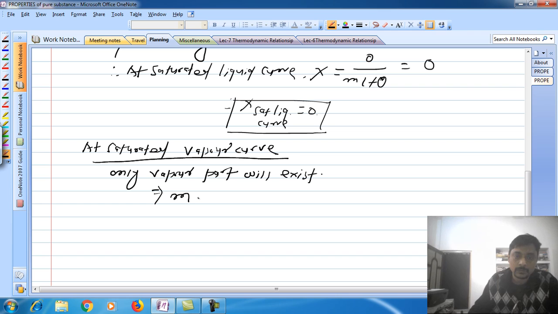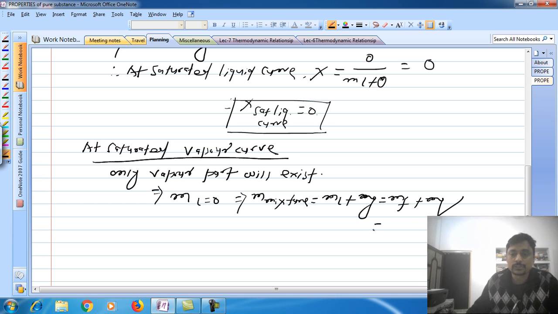This implies in this condition the mass of liquid will be 0. So the mass of mixture, which is equal to mass of liquid plus mass of gas, will be equal to mass of gas, since the mass of fluid is 0.